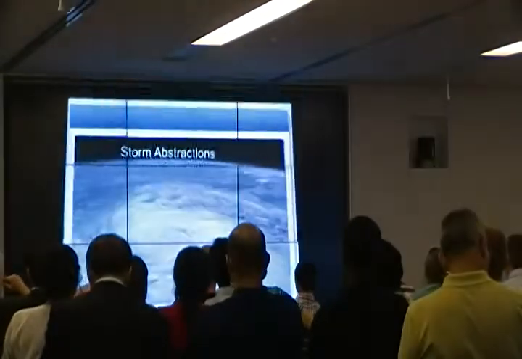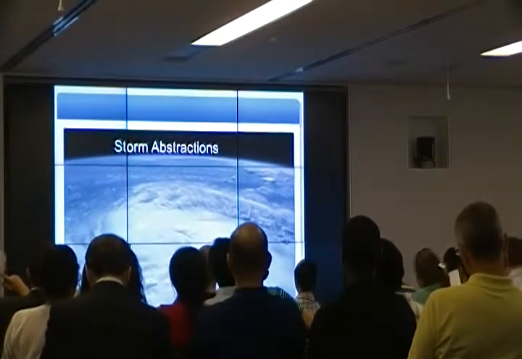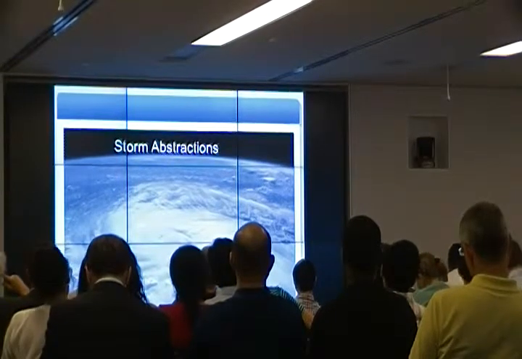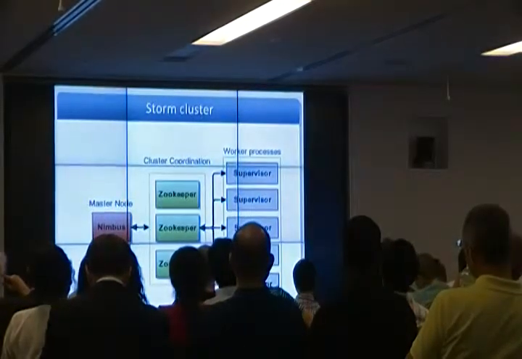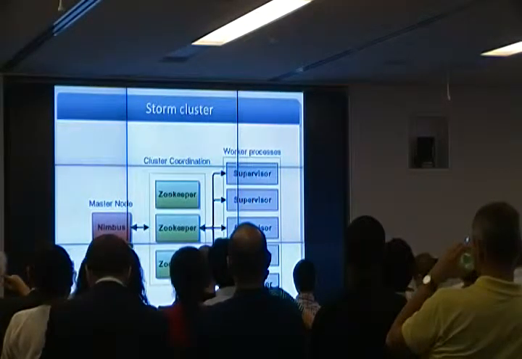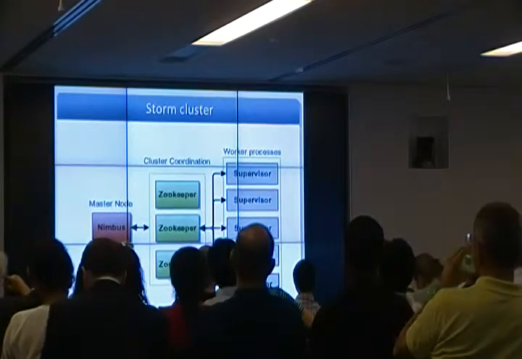So in order to understand what it does, let's talk about some abstractions that it has. One is the Storm cluster. Because it's a distributed system, it works in a cluster. There are three kinds of nodes.